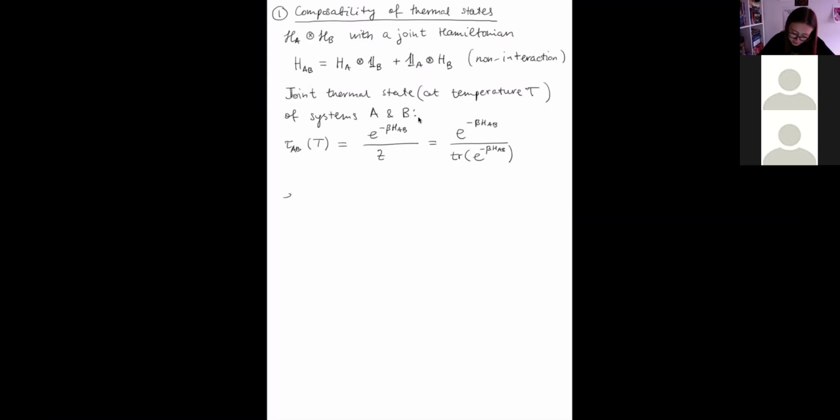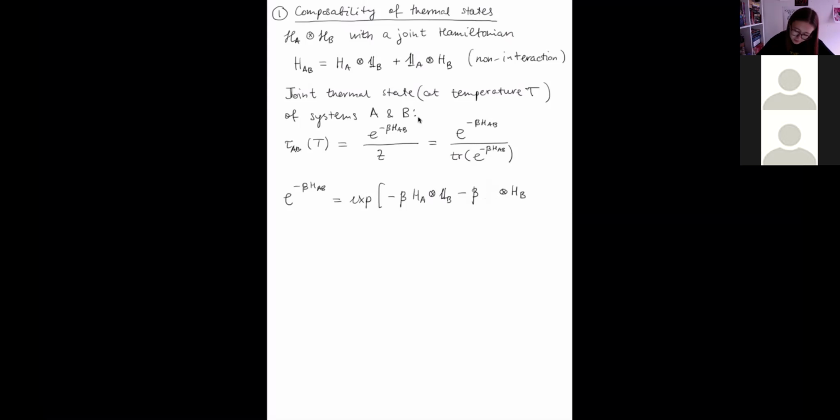Let us look now at the matrix e to the power minus beta H_AB. If we insert our definition of the Hamiltonian H_AB, then we arrive at the exponential of minus beta H_A tensor identity B, minus beta identity A tensor H_B.